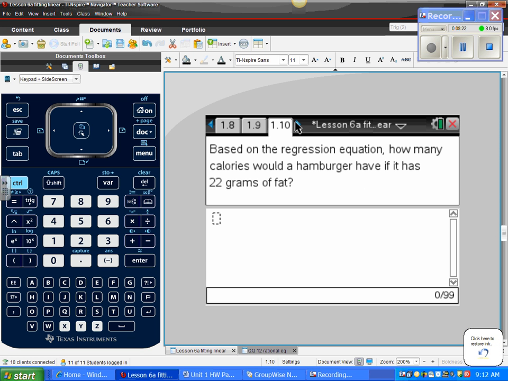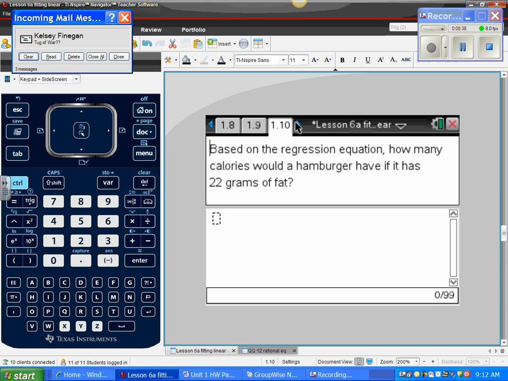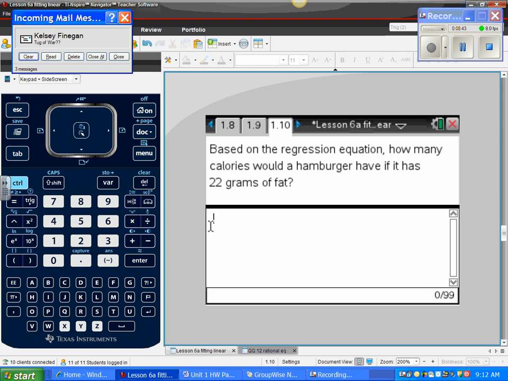Okay, so based on the regression equation, how many calories would a hamburger have if it had 22 grams of fat? How could I figure that out? Yeah, put 22 in for X, because X is our independent, so it's fat. So how do I put that in? Yeah, store.